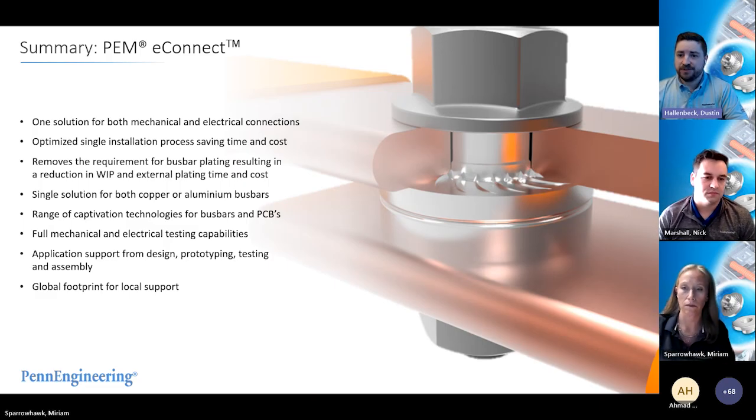We've seen a large transition of customers from copper bus bars to aluminum bus bars in future steady state application types. And with this fastening solution, you're able to use the same fastener across bus bar base materials, which means you can future proof a lot of your designs for your next generation of product.